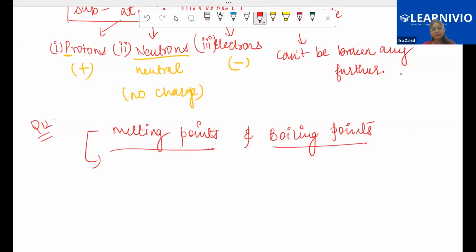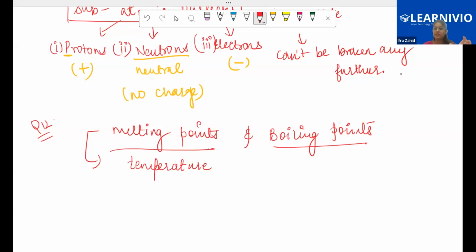Any solid system which has a certain melting point... Ma'am, I don't know how to explain this. No, no, I understand. You know the concept, you're not able to put it into words, right? Yes, ma'am.